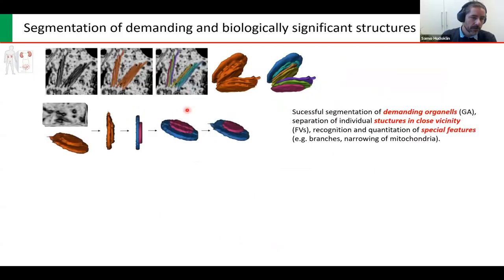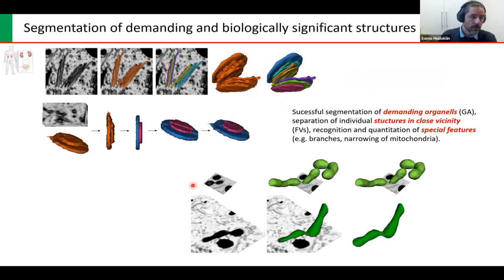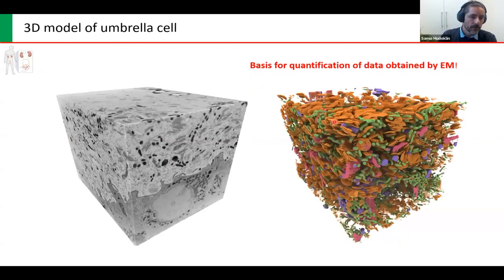And particularly, we are interested to improve the algorithms so that they could better segment some structures which are hard to separate, like fusiform vesicles in the stacks, or some structures which can have significance in biological terms, like branching of mitochondria, narrowing of mitochondria, and so on.